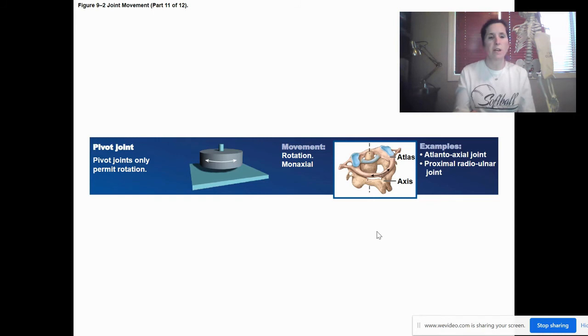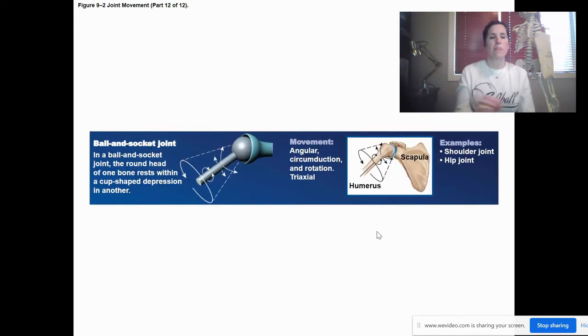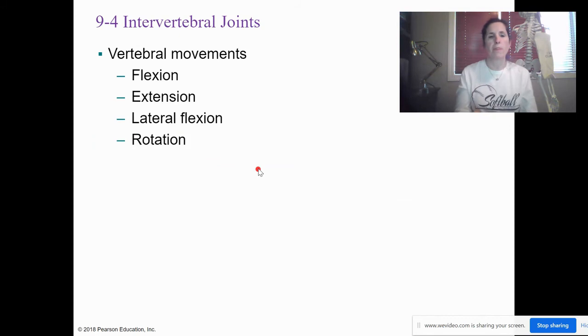This is monoaxial. Ball and socket is going to be triaxial, like your shoulder joint and your hip joint. You can see back and forth, and completely going around, and there's a ball that's in the depression of the socket of another bone.